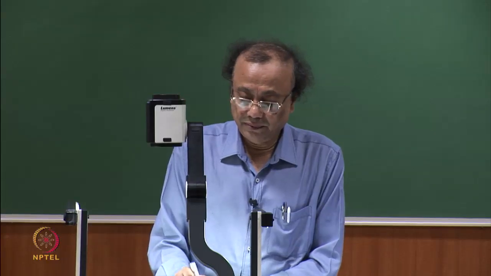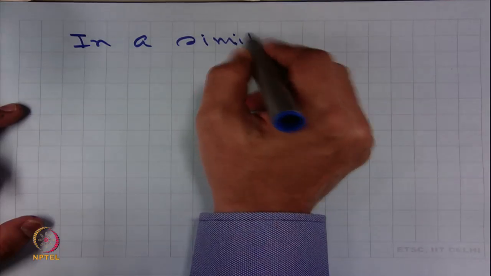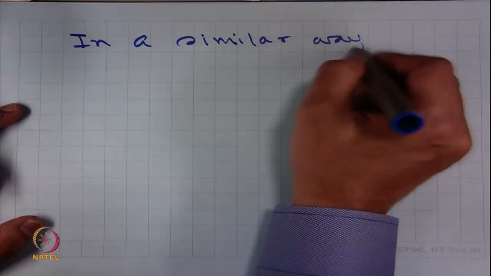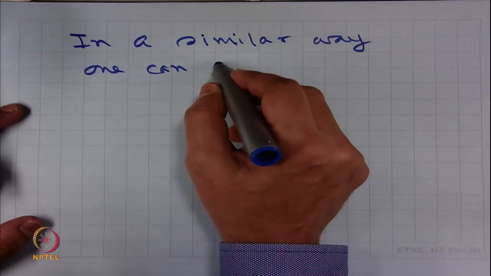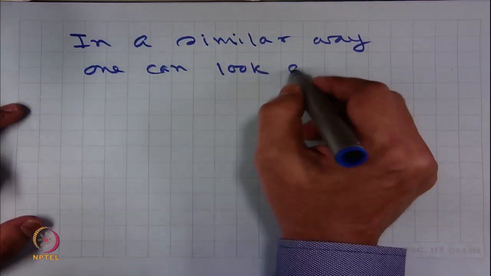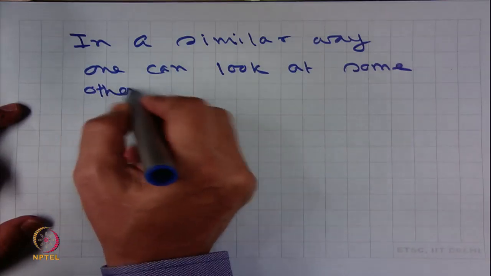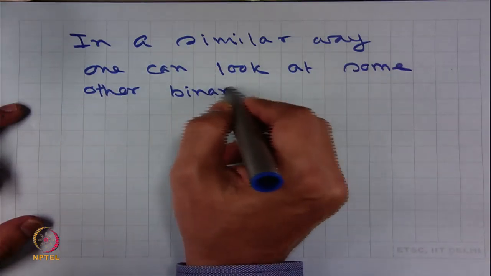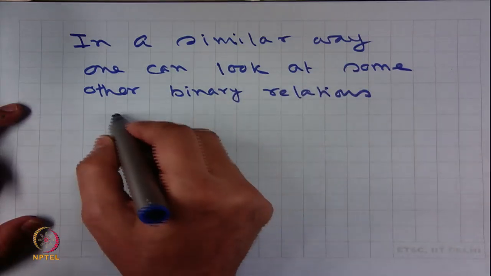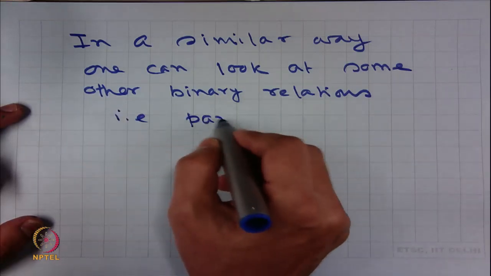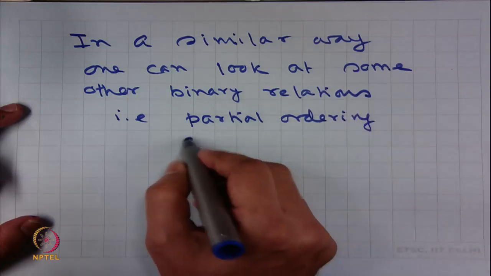In a similar way, one can look at some other binary relations, namely partial ordering and strict ordering.